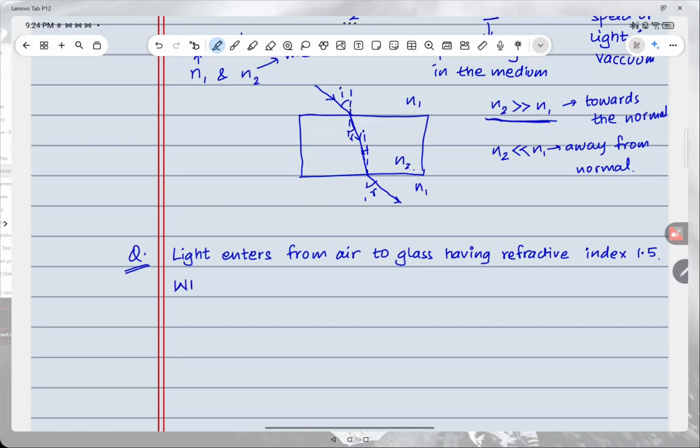What is the speed of light in the glass? Can anybody solve this? Not anybody, everybody has to solve this. I'm giving you guys 2 minutes to solve this and then we'll discuss the answer.